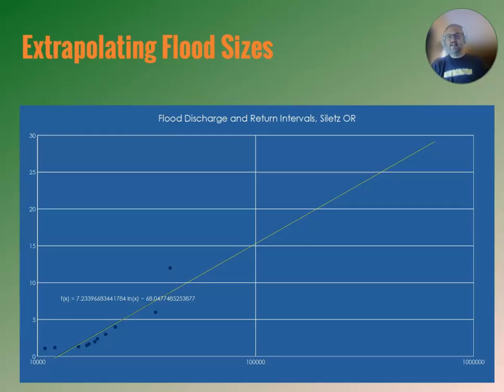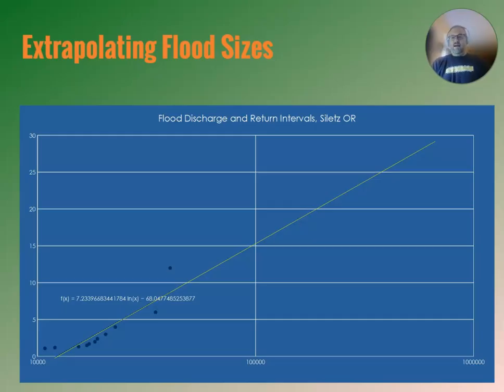The bigger it is, the rarer it is. And that occurs along a logarithmic scale. So a bigger flood is going to be 10 times less likely, or 1/10 as likely, as a smaller flood. So when we're using that logarithmic scale, that puts our points into roughly a straight line, which makes it a lot easier to extrapolate into the future.